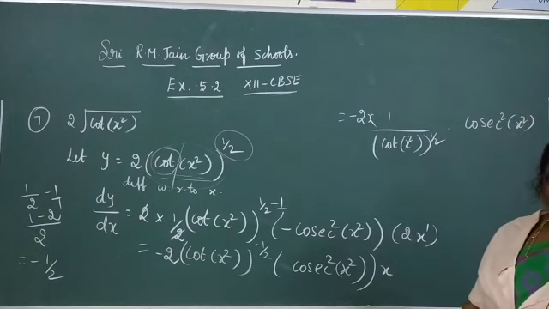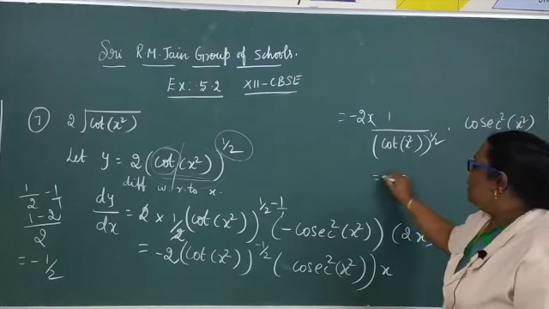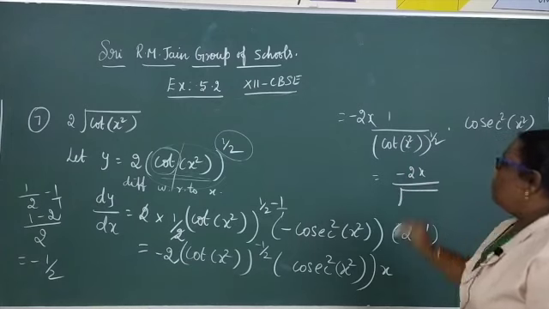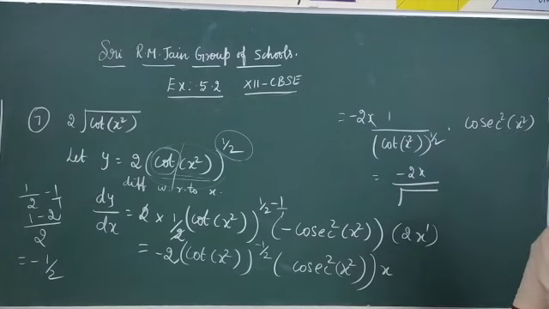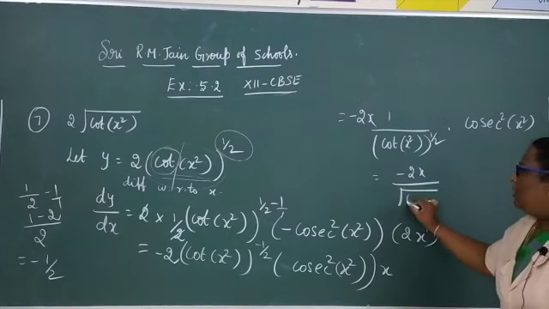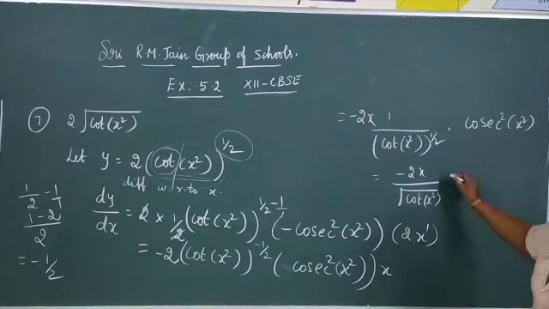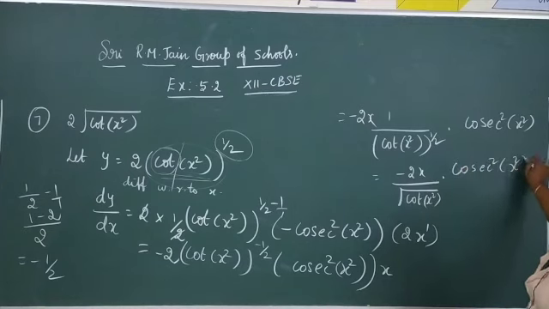Into cosecant square x square. So it gives minus 2x by root of cot of x square into cosecant square x square. Are we clear?